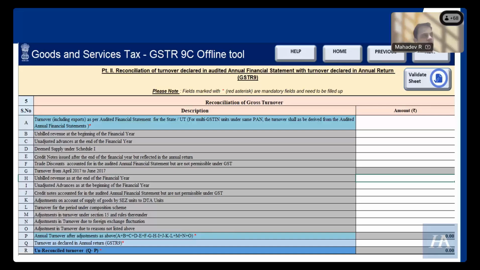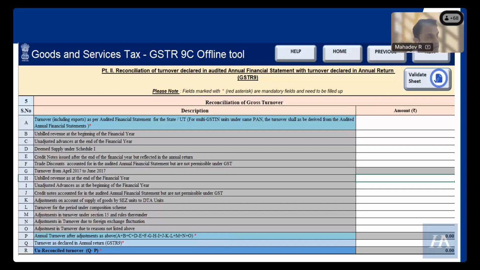The reason can be the fluctuation in the exchange rate itself, or it can be for the reason of GST. When there is an export of goods, we need to consider the exchange rate as notified by customs. If you take it as per the RBI, then there can be chances of difference. In such a case, the adjustment needs to be made in 5N.